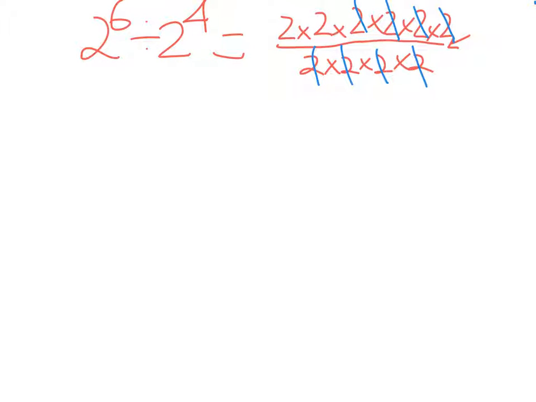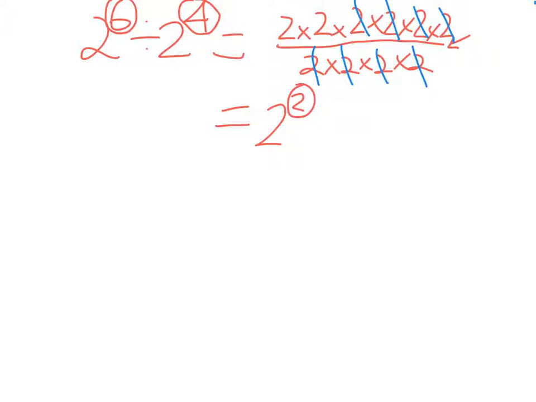I can do that as long as I do to the top of the fraction what I do to the bottom of the fraction, then it's fine. So I'm left with 2 times 2, or 2 squared. So what you can see here is that I've subtracted this number of 2's from this number of 2's. 6 minus 4 equals 2, and that's how I got the number there.